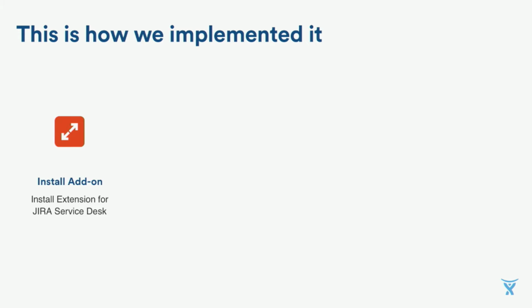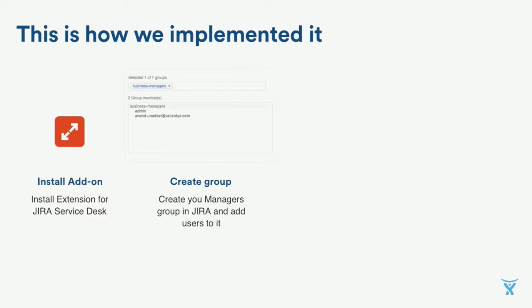Here, we're using a small add-on called Extensions for JIRA Service Desk. It's very useful for this sort of purpose. What you need, you just define some groups. Here, I've created a group called Business Managers, and then you're going to add some users to that group.